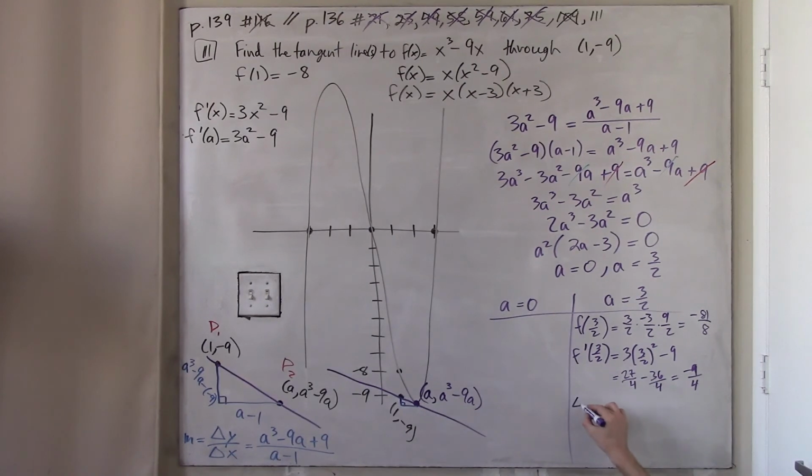Okay, and so finally, what is delta y over delta x then for this problem? Well, it's going to be this negative 81/8 y coordinate minus negative 9, so plus 9, over 3/2 minus 1. So hopefully this is negative 9/4. Is it? Well, 9 is 72/8. So I get negative 81/8 plus 72/8 over, this is of course a half down here.